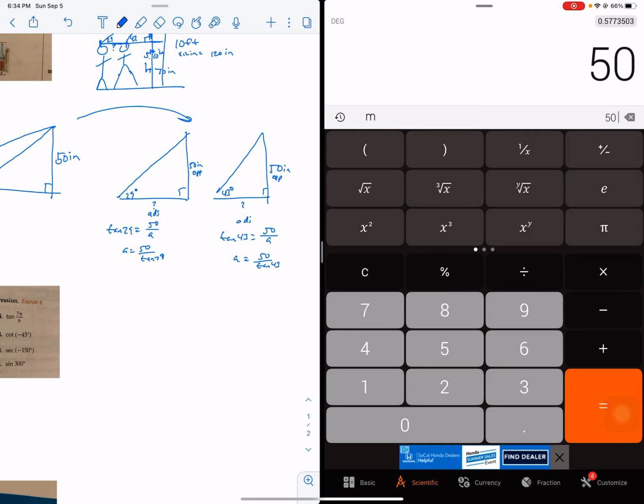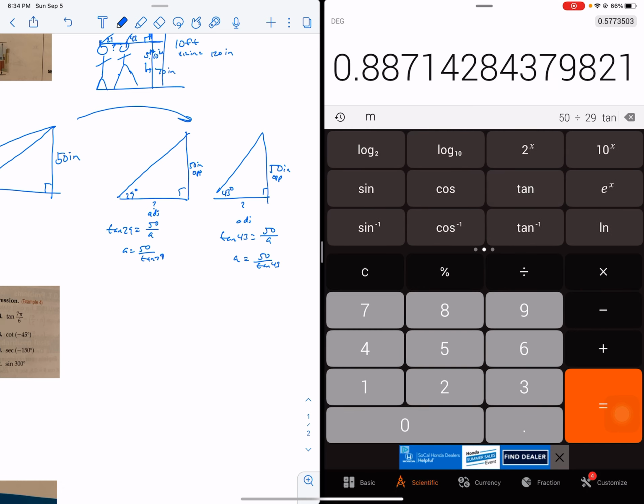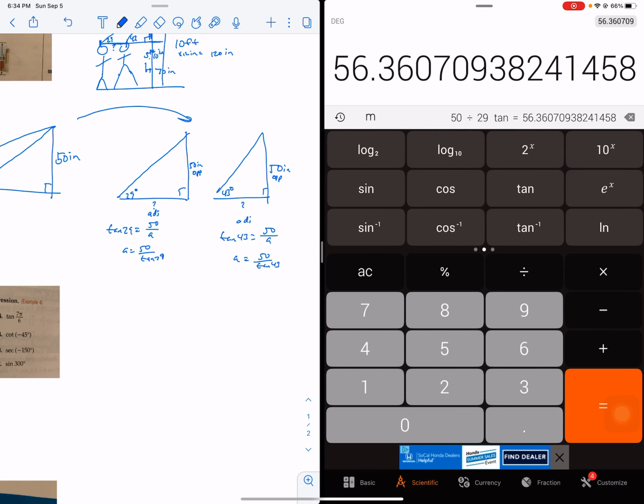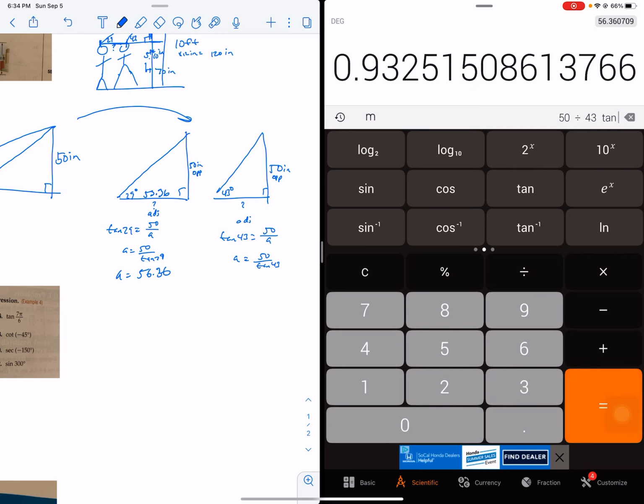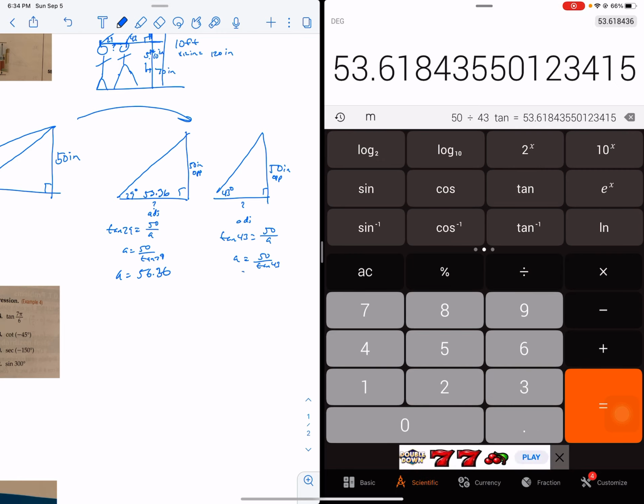Let's clear it first. 50 divided by tangent of 29 equals, that side A is equal to 53.36, and our next side is 50 divided by tangent of 43, equals 53.61.